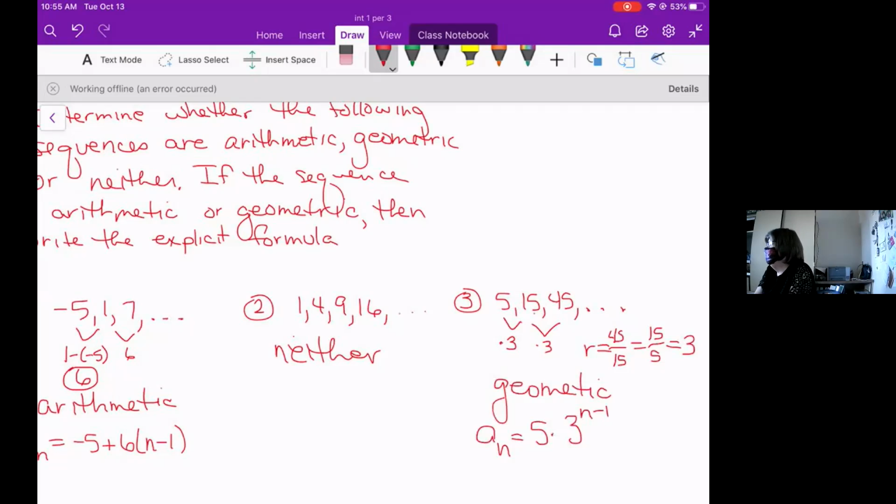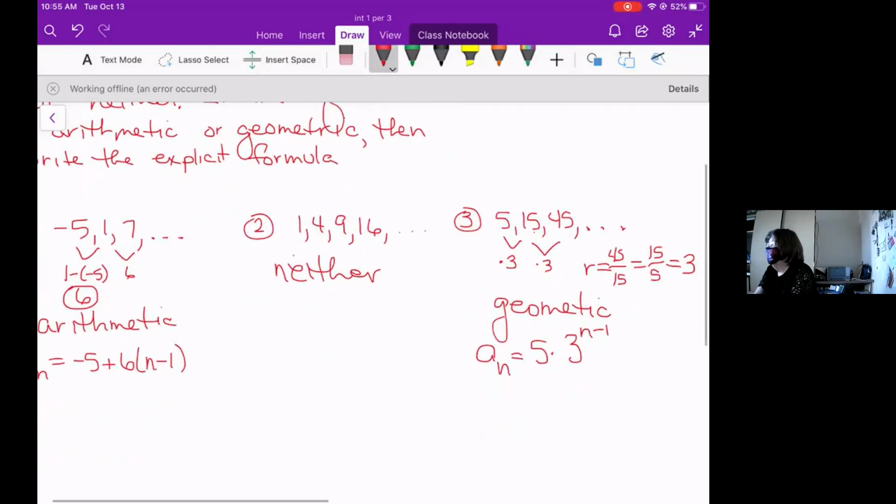What if I'd wanted you to find the 10th term? How would I do that? How do I find the 10th term in a sequence? Elizabeth?